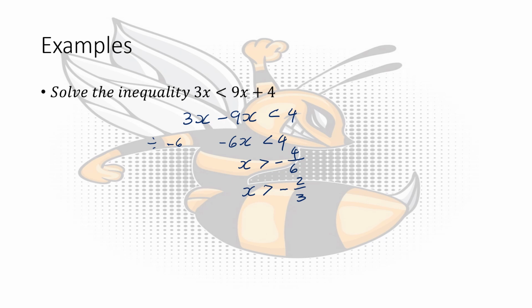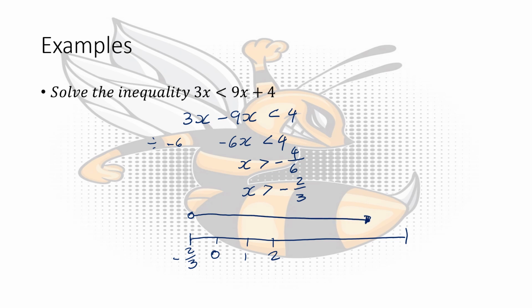So since x can be bigger than minus 2 over 3, that means on the number line, we can say, okay, minus 2 over 3, then, well, that's going to be smaller than 1, so then we have 0, 1, 2, for instance. My x values can be bigger than minus 2 over 3.